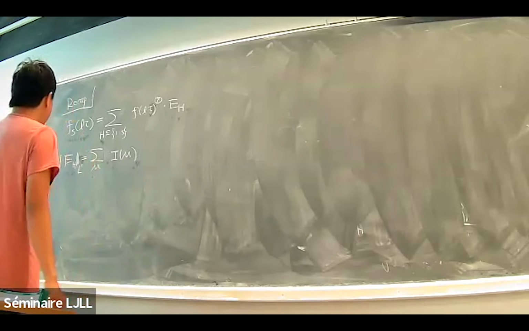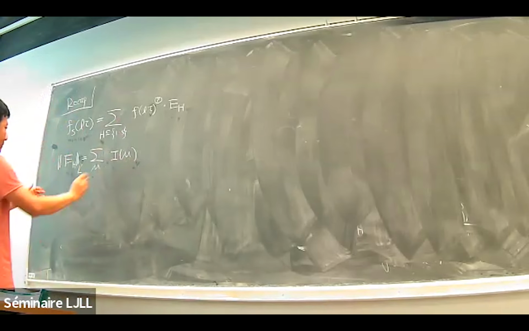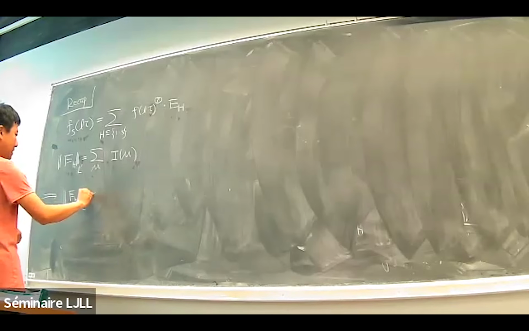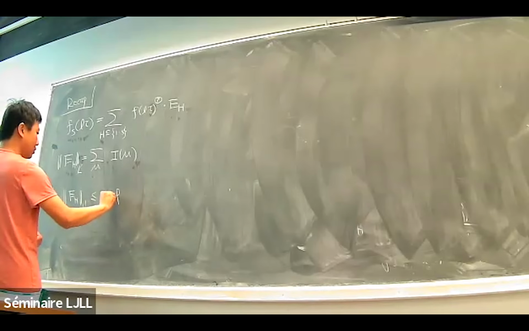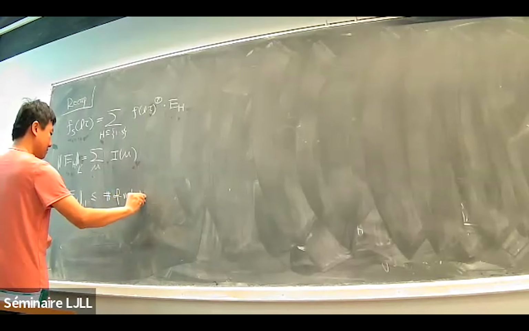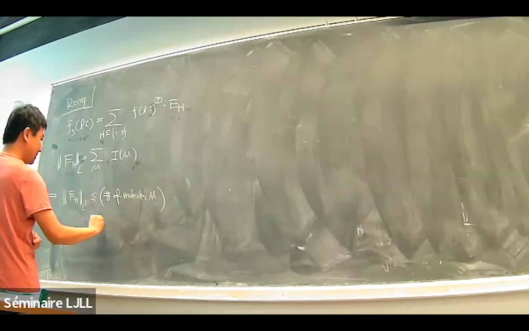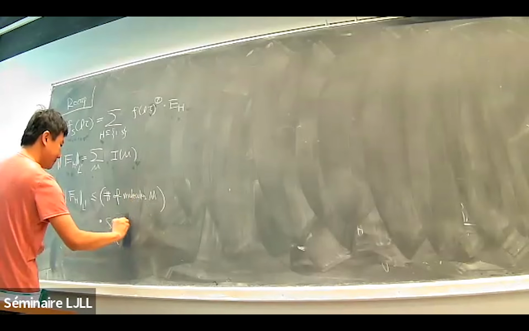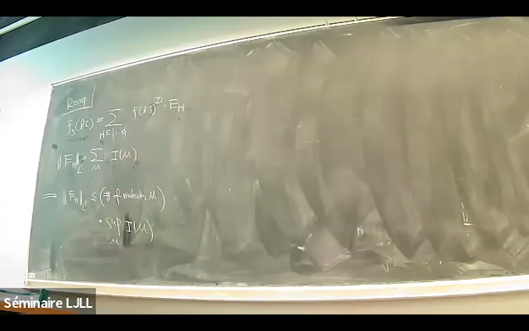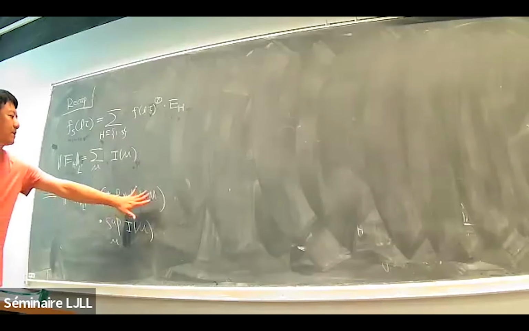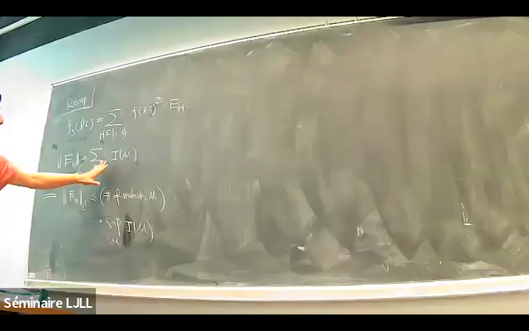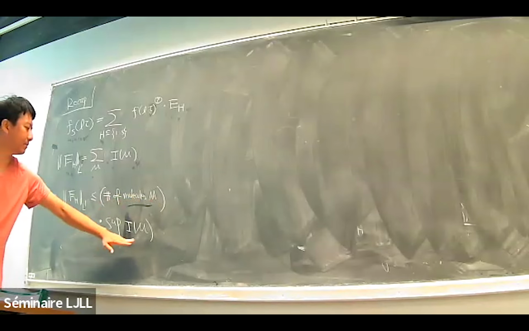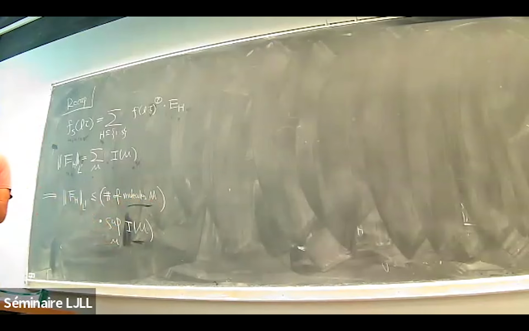From this we immediately get that the L1 norm of E_H is less than the number of molecules M times the maximum over M of these I_M. Here we may be restricting M to subclasses, like with a certain size and a certain number of cycles. Essentially, we're solving a counting problem and the problem of estimating these individual I_M.